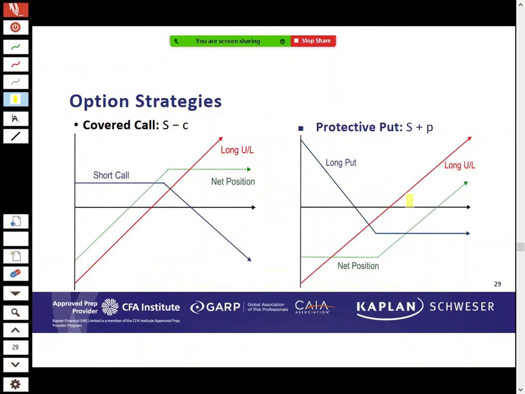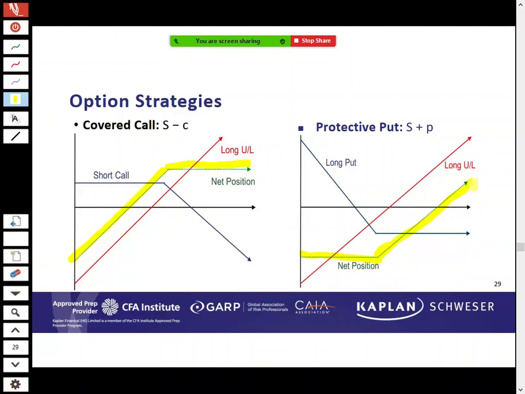So for example here, if we put the underlying with the call together, you see we have a new profit or loss payoff from the strategies, which is the result of the red line and the black line.